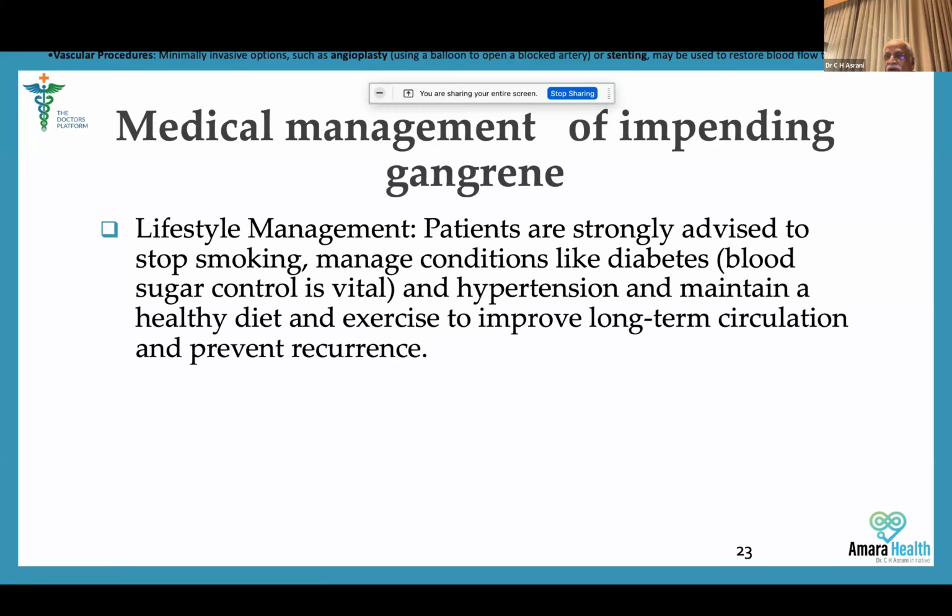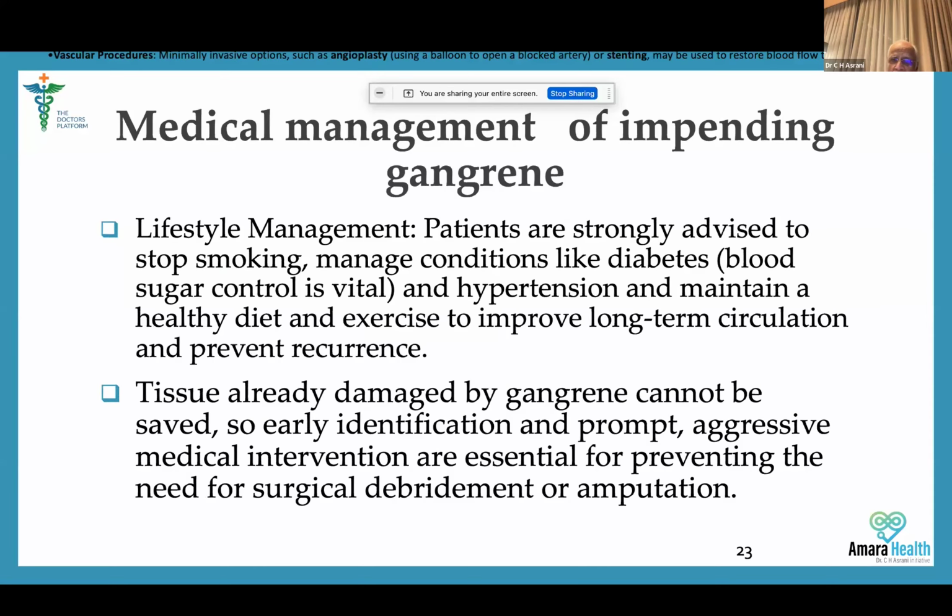Lifestyle management. Quit smoking. Control diabetes. Stop sweets. Control blood pressure. And start walking if they can because that improves the blood circulation. Understand one thing, if tissue is damaged by gangrene, whatever you do, you will not be able to save it.